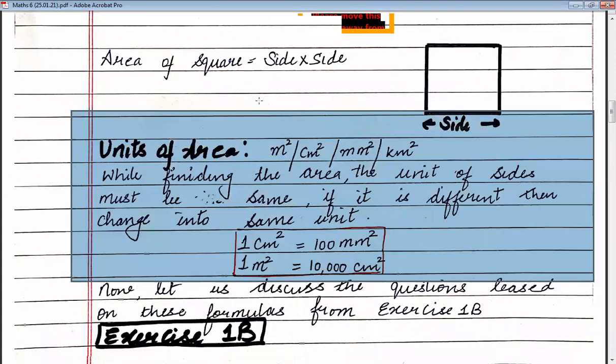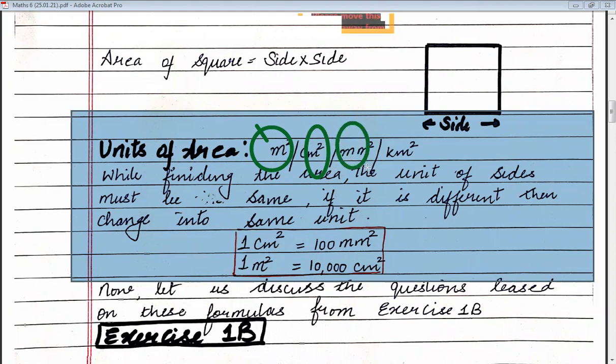Now, if these sides are given in meters, then the area of the rectangle or a square will also be in meters. But the unit of area is meter square. Similarly, children, if the sides are given in centimeter, then the unit of area will be centimeter square.